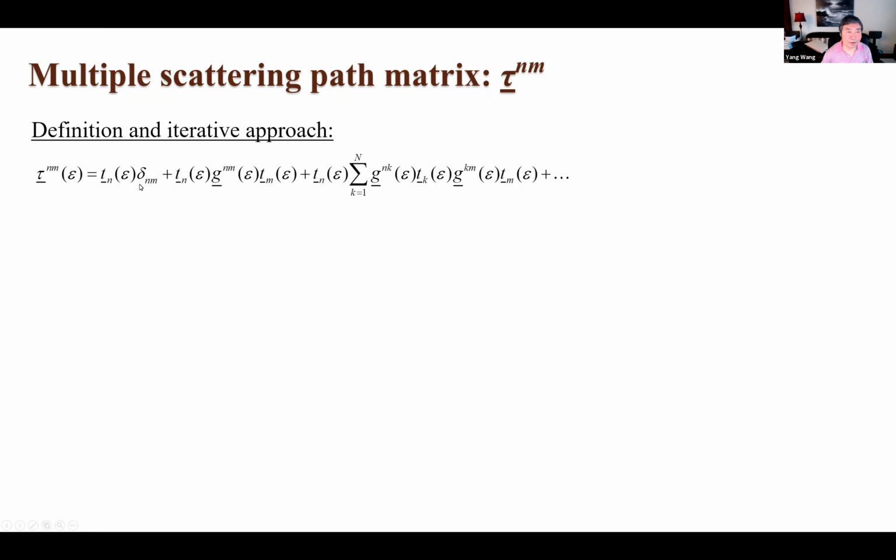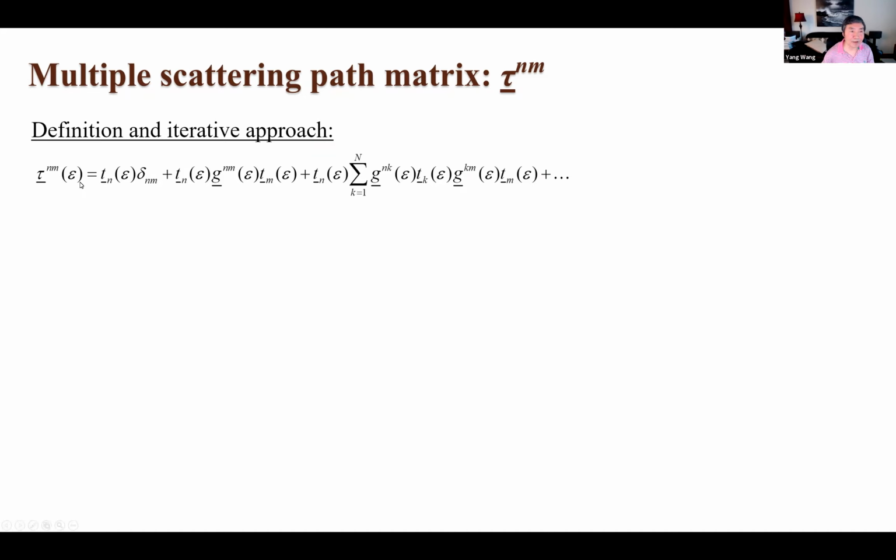The first term is there when M and N happen to be the same. The next term means scattering from site N to M, with a propagator in between. The third term says it starts from N, goes to K, and goes to M. This is another scattering route. All the other terms scatter many times and end up at M.